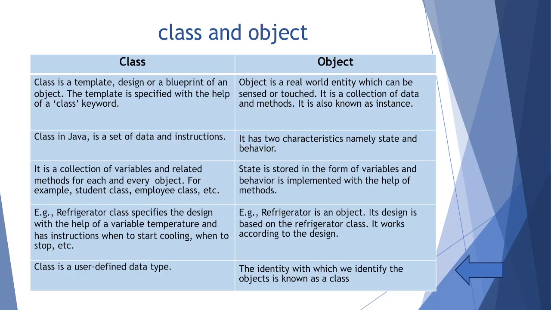Now a class in Java is a set of data and instructions. But an object has two characteristics, namely state and behavior. Now a class is a collection of variables and related methods for each and every object, like student class, employee class, etc. Object state is stored in the form of variables and behavior is implemented with the help of methods, like start cooling, or whatever the methods.